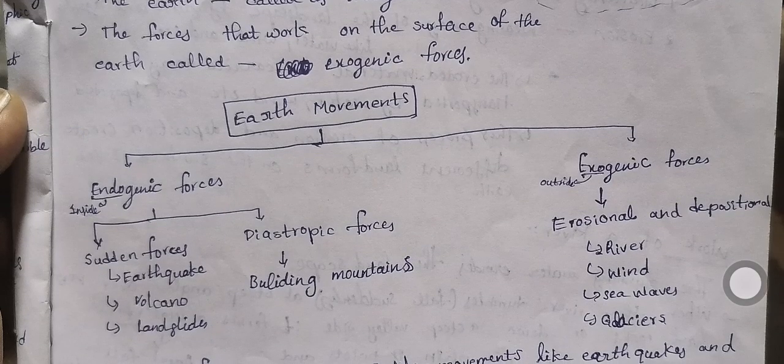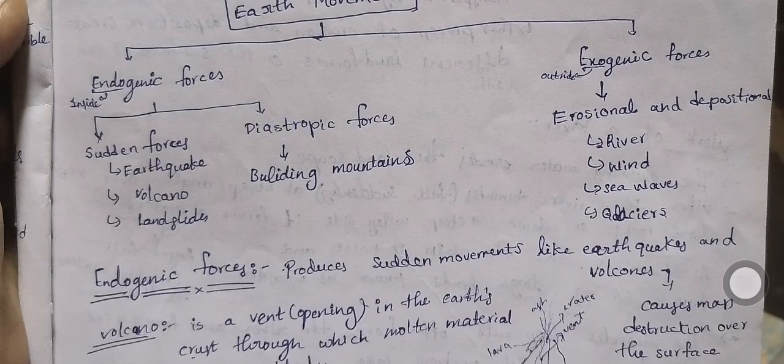Here we need to understand something. Endogenic forces are of two types, that is, the sudden forces and the diastrophic forces. Sudden forces happen suddenly, which results in mass destruction. Examples: earthquakes, volcanoes, landslides, etc. There are many other things also.